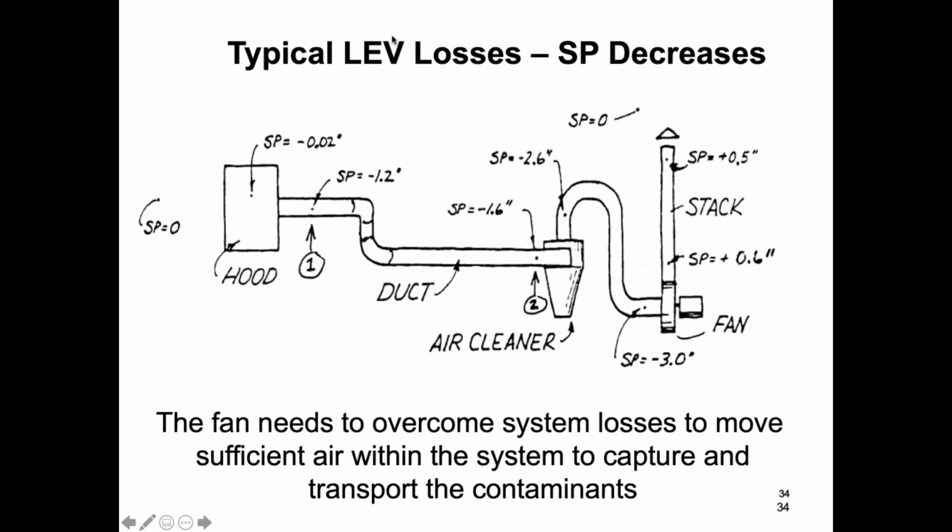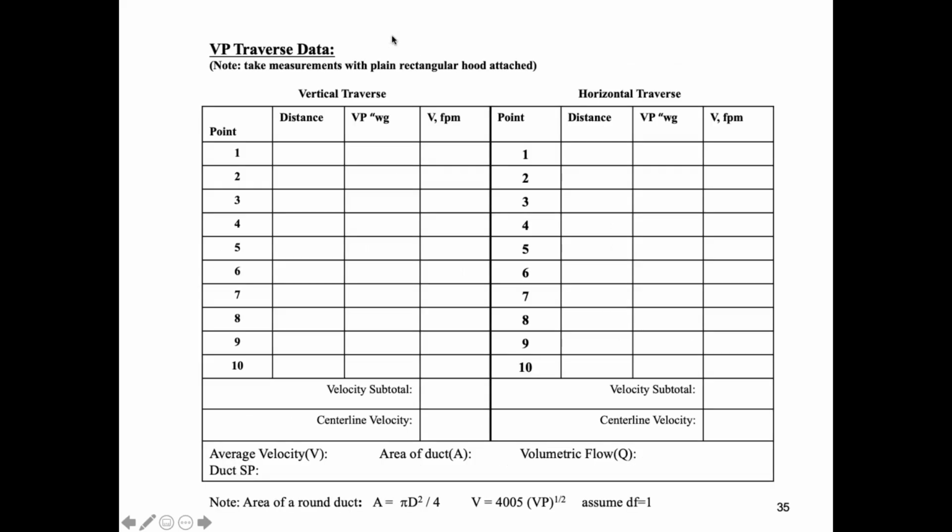So in the end, we find that if we have 3 inches of static pressure at that fan, we're going to have 2.6 inches after the filter, 1.6 inches before the filter, and 1.2 inches where we need it. So part of designing this whole thing is figuring out how to get that amount of static pressure that you need to make that fan work properly and to make sure you have the velocity that you need.